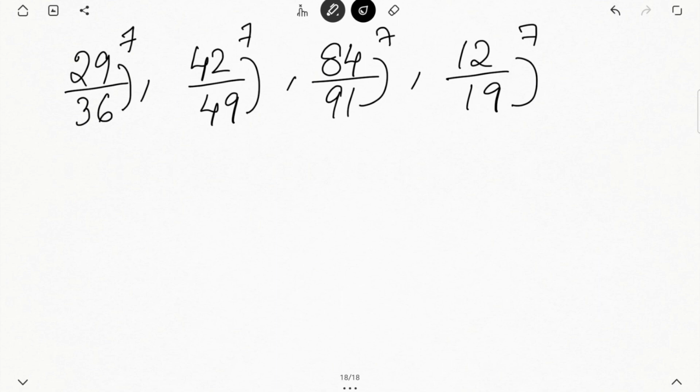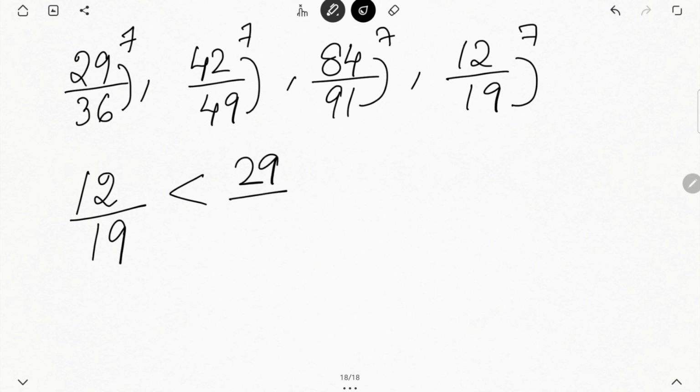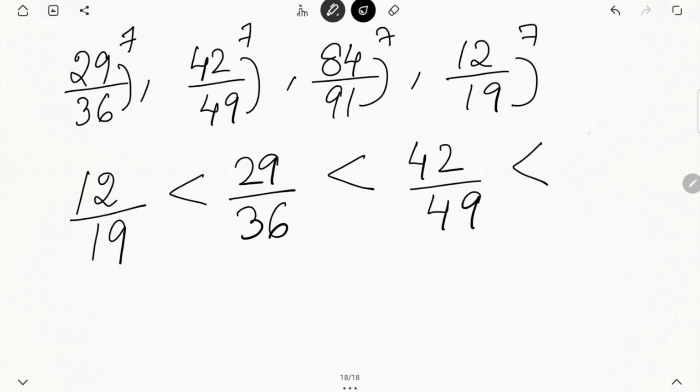So if I want to arrange these fractions in ascending order, I get 12 by 19 is less than 29 by 36, which is less than 42 by 49, which is less than 84 by 91. So this is the required arrangement.